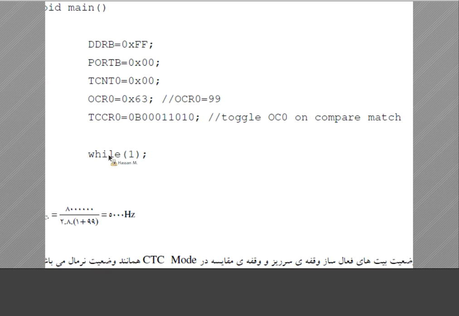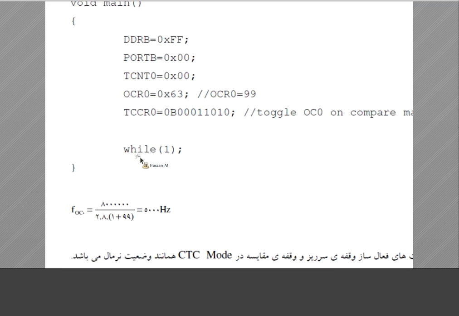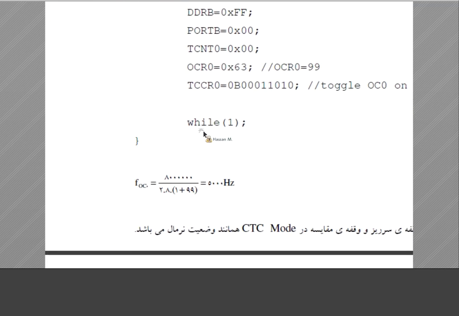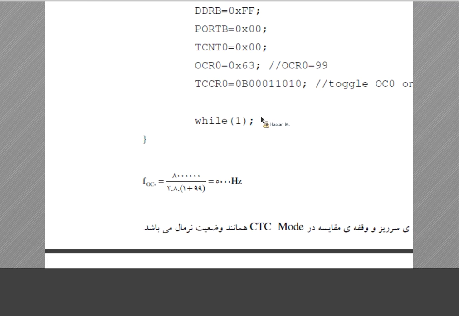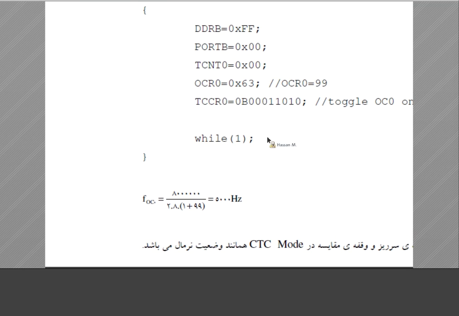Okay, that's right. While(1); means while 1, no operation. That means stop here. In main we don't do anything, no operation.